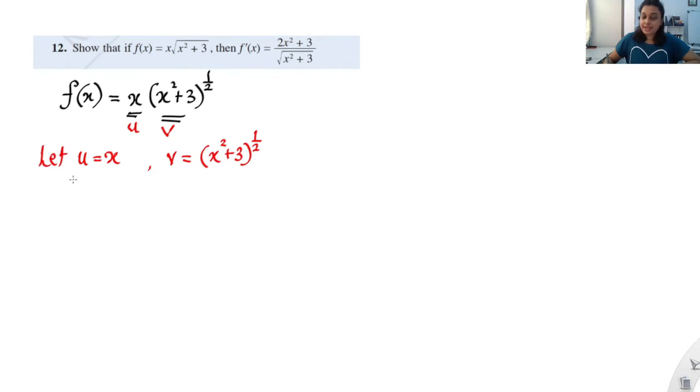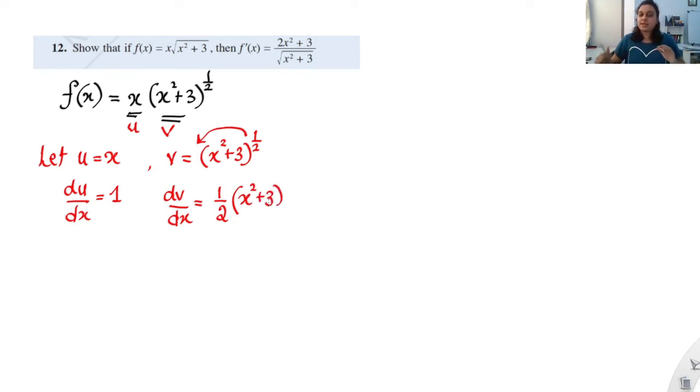From here, let's differentiate. du/dx equals 1. For dv/dx, the 1 over 2 in front jumps to the front, then copy back whatever is inside the bracket. Take the power and reduce by 1, so you get negative 1 over 2.